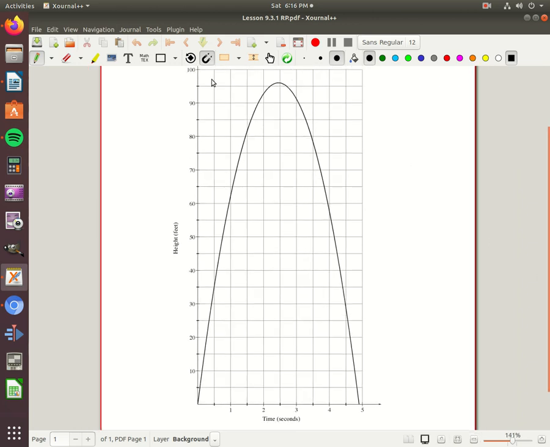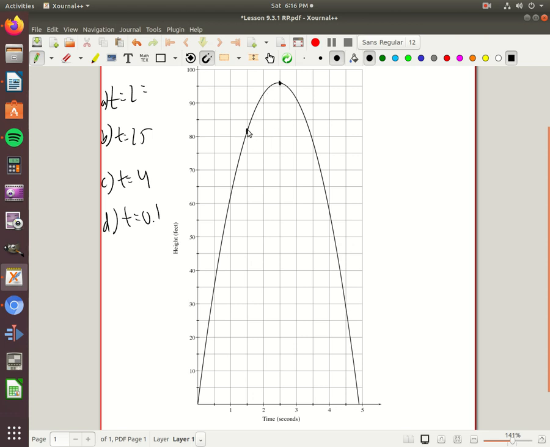Okay, so they want to know at t equals 2, that was A, B was t equals 2.5, C was t equals 4, and D was t equals 0.1. So at 2 seconds, you can see I'm right here, so let's use 1.5 and 2.5.